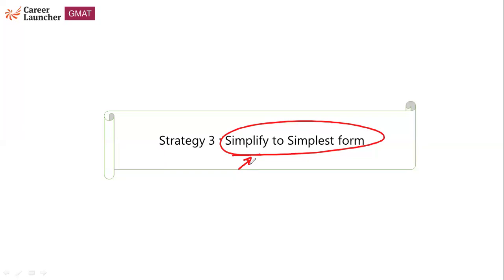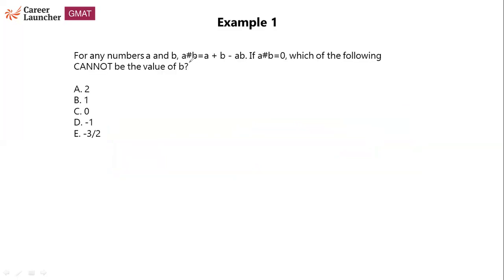Let's understand the question. What exactly is the question all about? And that's the actual question here. Now here it says for any numbers a and b, a hash b is equal to a plus b minus ab, and a hash b is 0. Now we don't know what exactly this hash is all about.